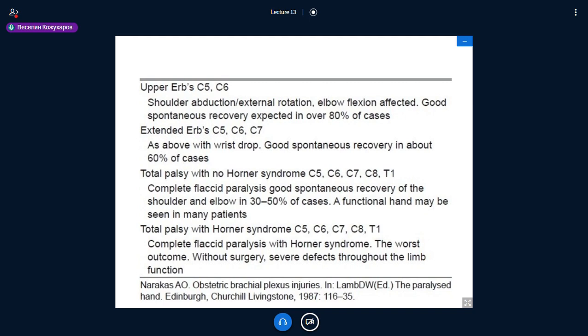The extended ERPS palsy will affect more roots, C5, C6, C7, and it causes a wrist drop. Usually it is compared to a global affection of the brachial plexus.